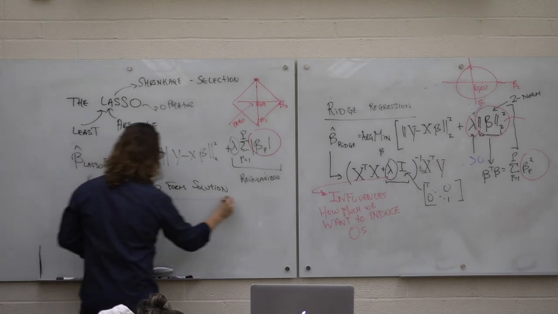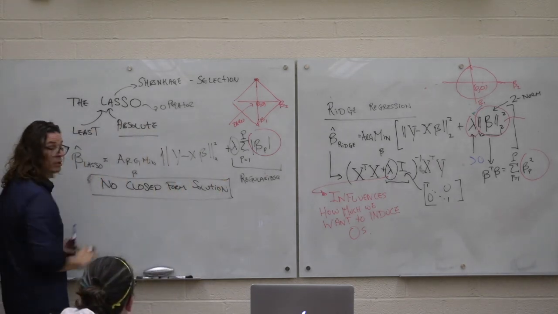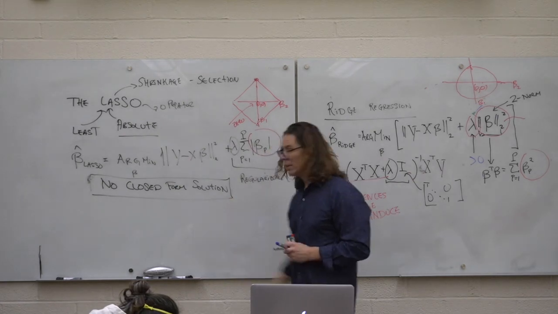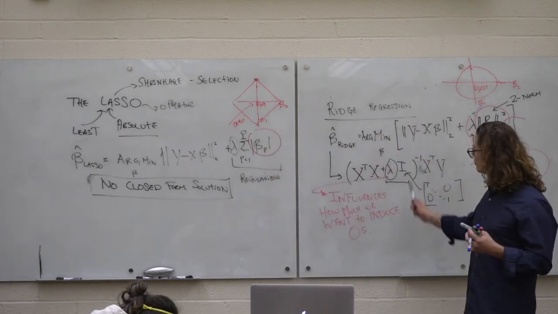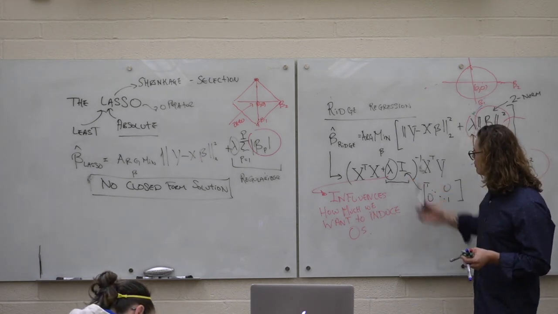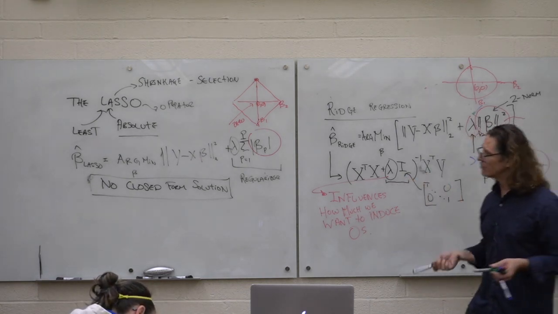This is a big deal, because I need a computer to come up with the solution to this problem. In the 1800s, we could solve ridge because we can write it down, and as long as you can invert this matrix, everything else is easy.